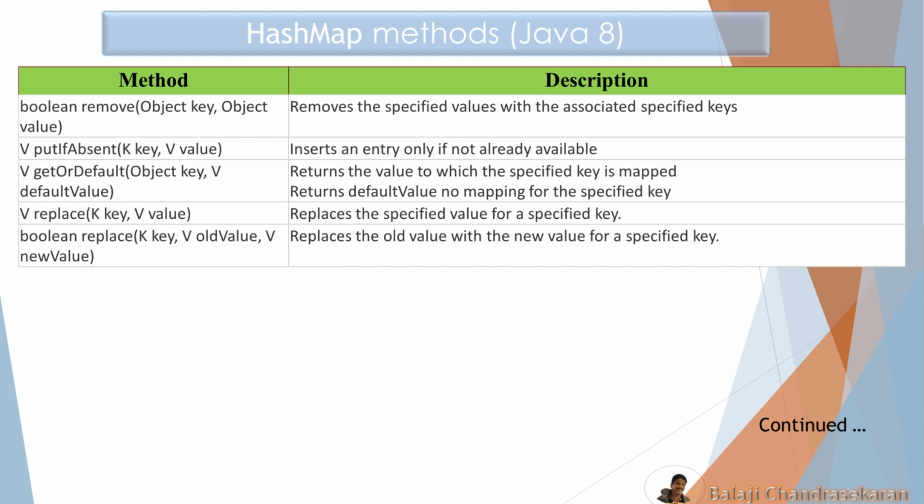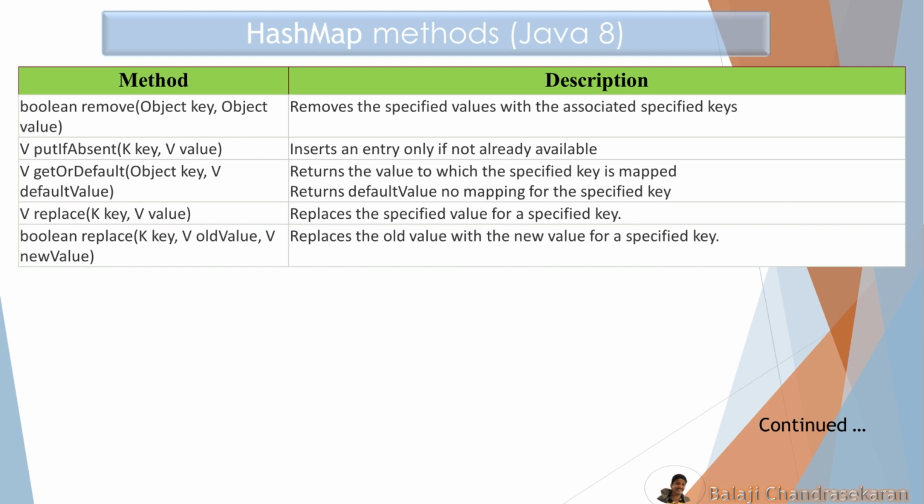The putIfAbsent method with the arguments key and value in the hashmap class is used to insert a new key value mapping into the map if the specified key is not already associated with a value or is mapped to null.